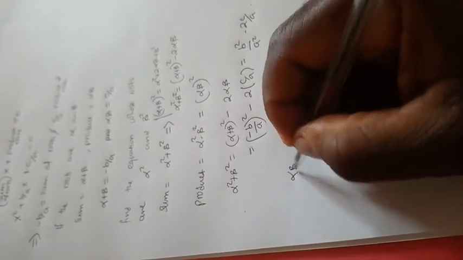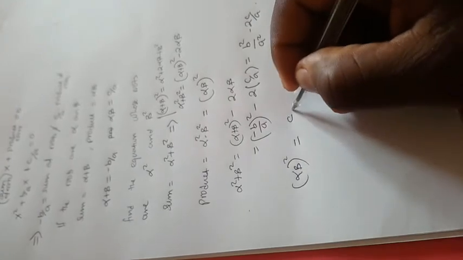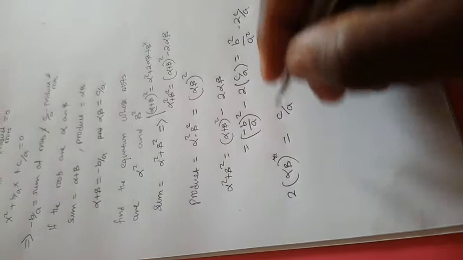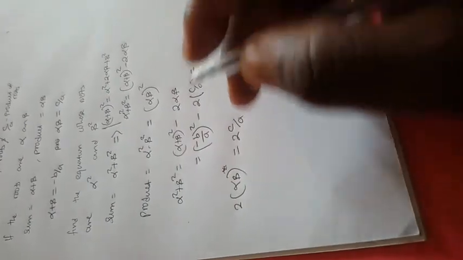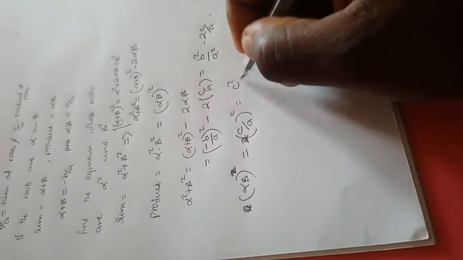Hence, likewise, for the product, we shall have c over a squared, because the product has no times 2, it just has a square. So you square c over a, and you'll get c squared over a squared.